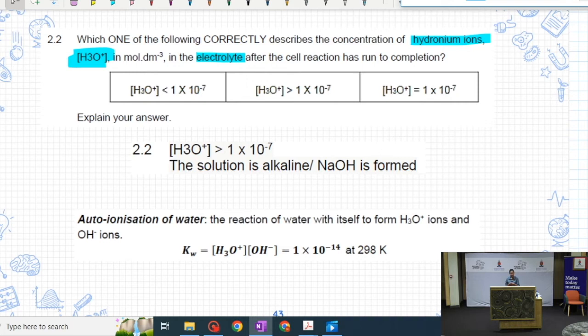Or must I help you think a little bit further? They say over here, the answer is H3O+ is going to be bigger than 1 times 10 to the negative 7 because the solution is alkaline. NaOH is formed. What's wrong about this answer?